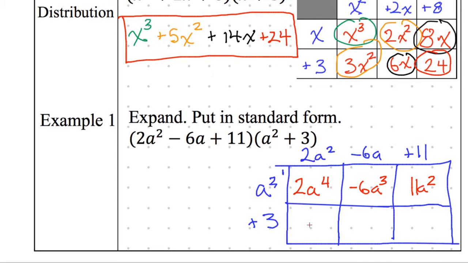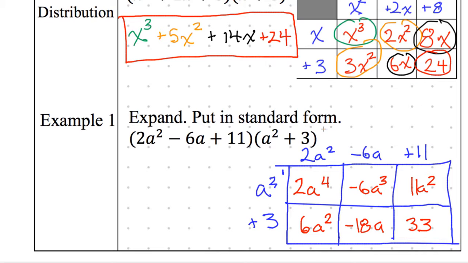Gio. 6a squared. Steph. Negative 18. Chris. James. 14.